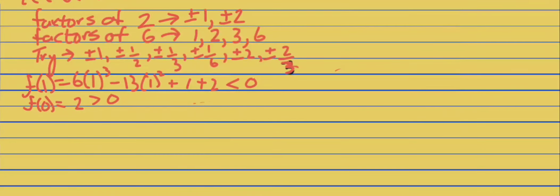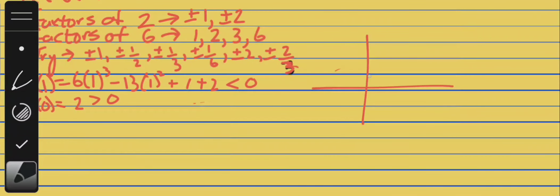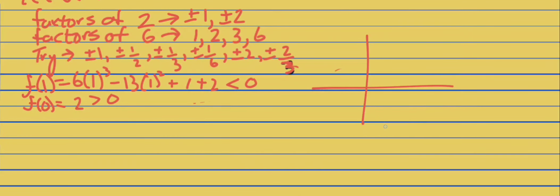In other words, from left to right, if at x equals 0 you get 2, and at x equals 1 you get negative 4, then in a continuous function the graph has to cross the x-axis somewhere between 0 and 1, right? Yeah.